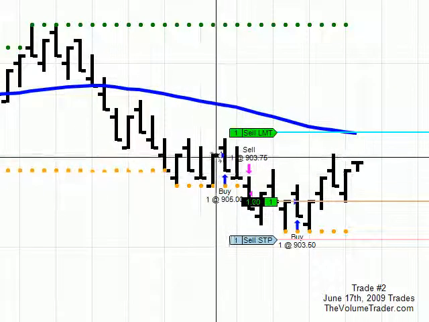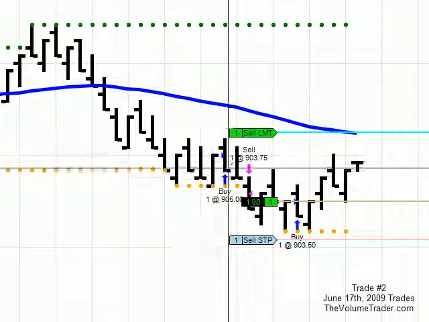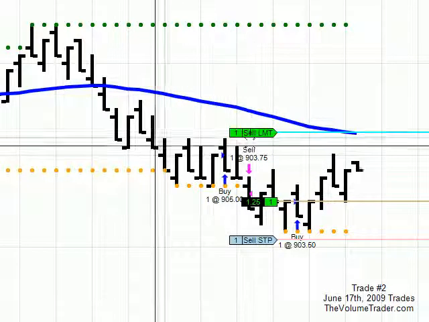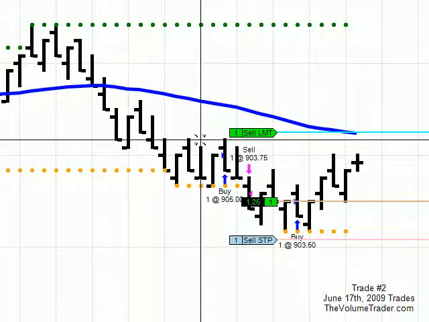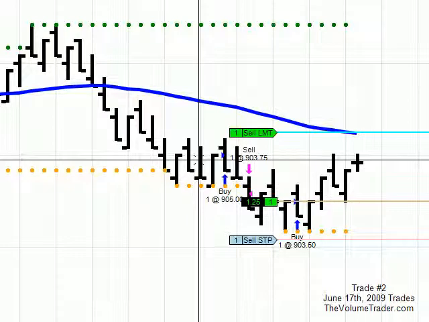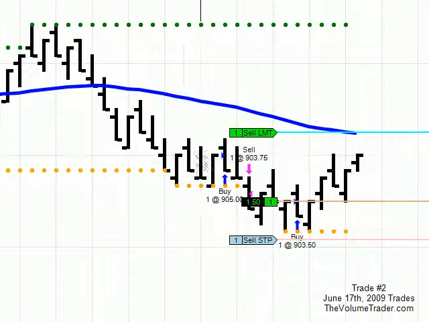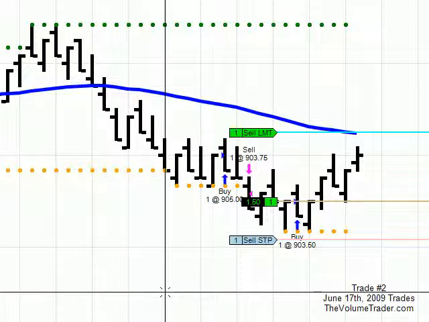Okay. And usually when you have these clusters like this, on volume, the middle point of those, or the point of control of that cluster, is usually a good place to take profit. But right now we're seeing some great buying. The buyers are still coming aboard, so we're going to let this trade continue and see what happens here.